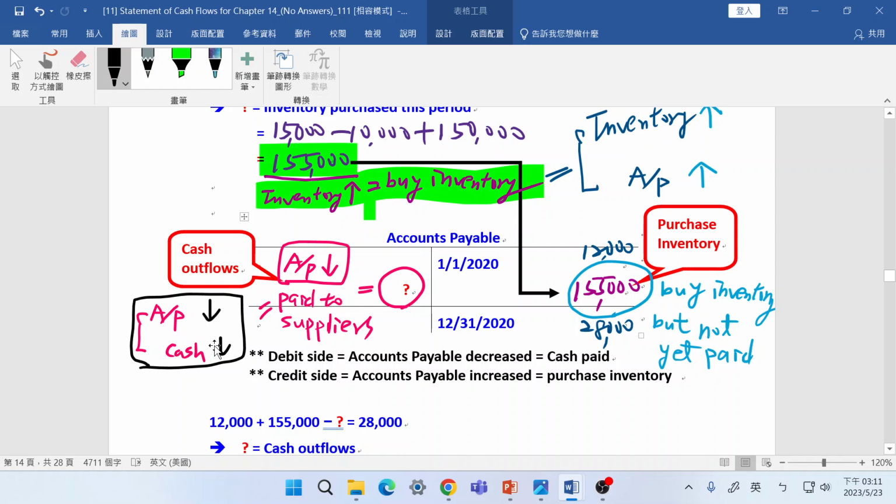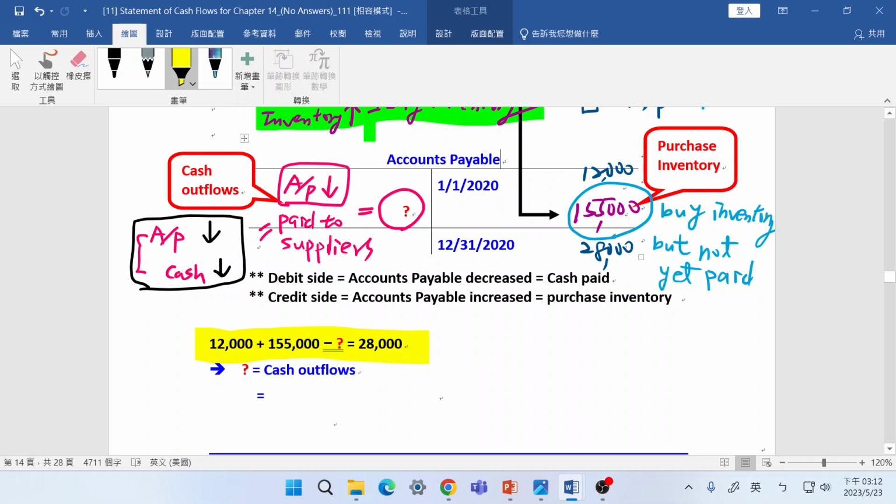Okay? Any questions? So do your math. Beginning plus $155,000 minus question mark gives the ending balance. So the question mark is how much money you paid, right? So what's the number you paid?